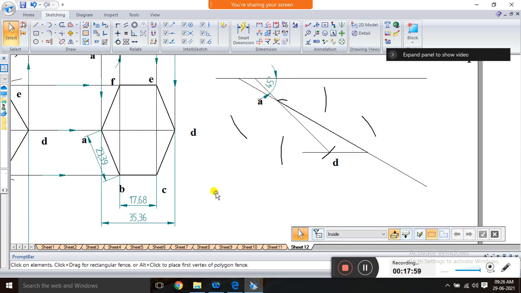Then either you can place it on D and stretch up to B. So cross distance, you just cut the arc.